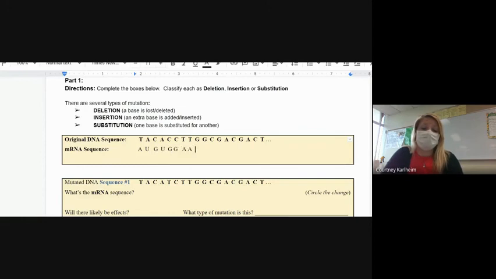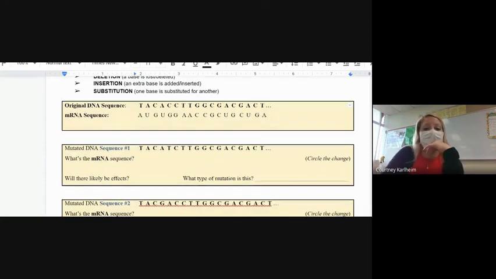And then my last question, what pairs with a G? C. All right, so you answered all my questions. Okay, so that is the original mRNA sequence. That's what it should look like.